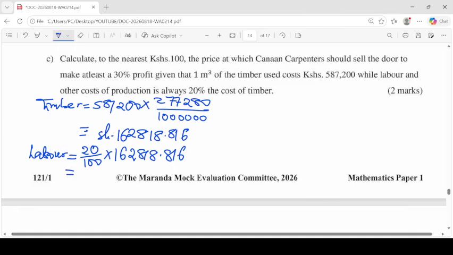So you find that the labor cost, when you take 20 over 100 times 162,818.816, you get 32,563.7632. That is the labor cost.